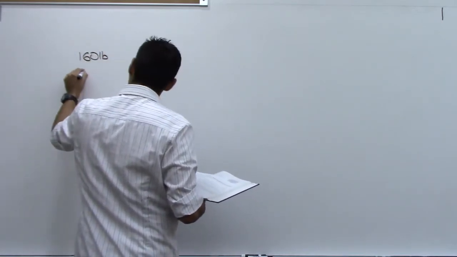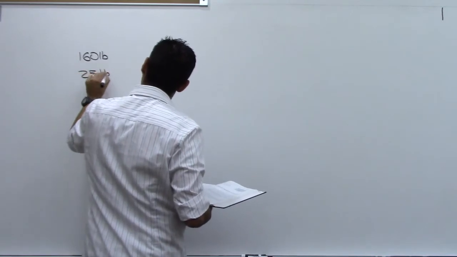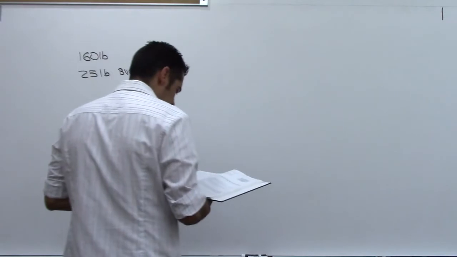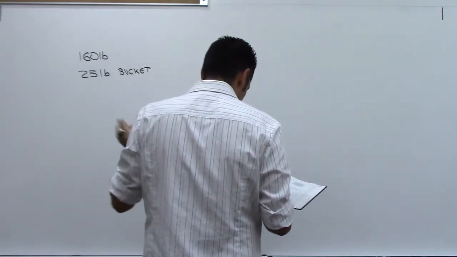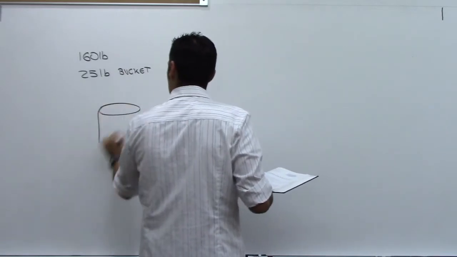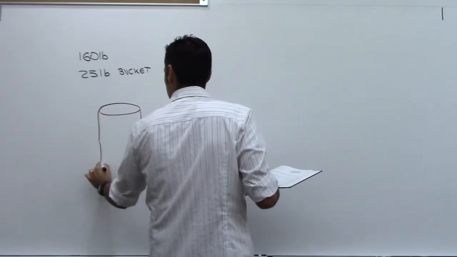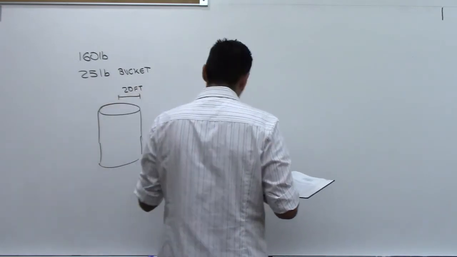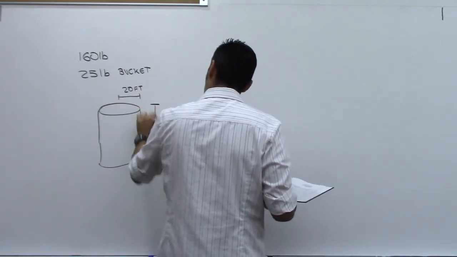He's carrying a 25-pound bucket of paint up a silo, up a helical staircase with the radius of 20 feet. So you have this silo. It has a radius of 20 feet, and it is 90 feet high.